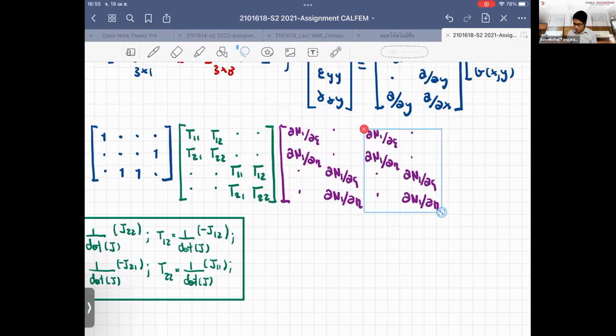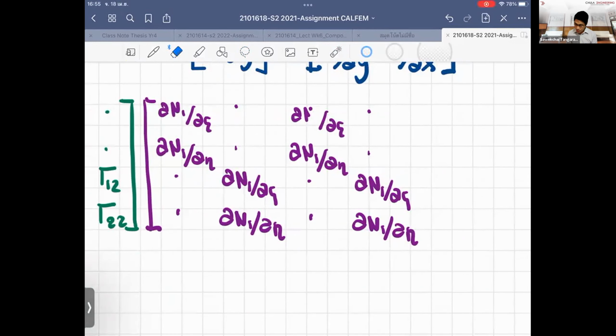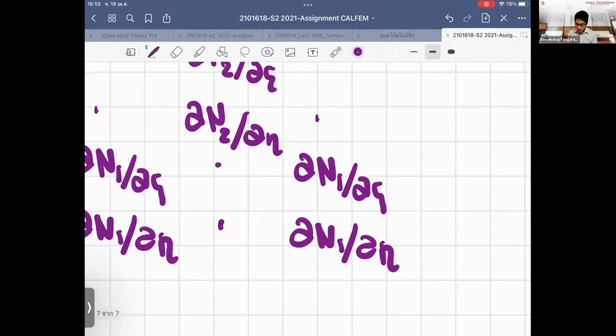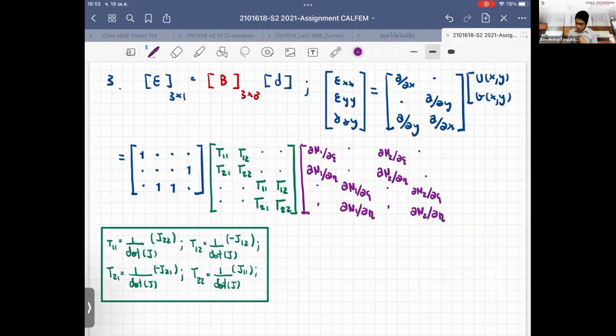The only thing I change is the shape function, to be 2. I have to zoom in quite large. And I have to repeat this. Let me see if I have space.